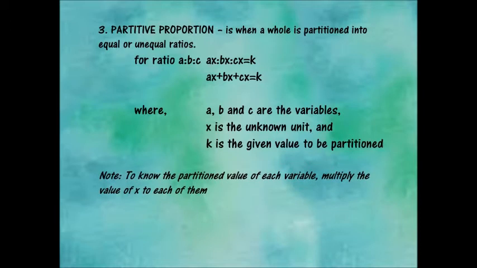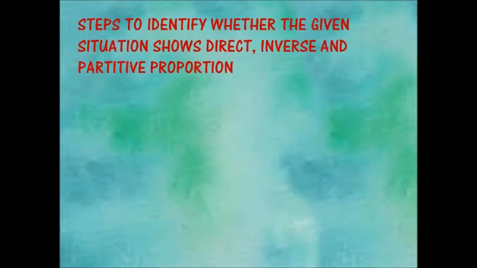Note, to know the partition value of each variable, multiply the value of X to each of them. So dito, magkakaroon tayo ng examples mamaya and i-discuss natin kung bakit siya naging direct, inverse, and partitive proportion. So those are the different kinds of proportion and steps to identify whether the given situation shows direct, inverse, and partitive proportion.